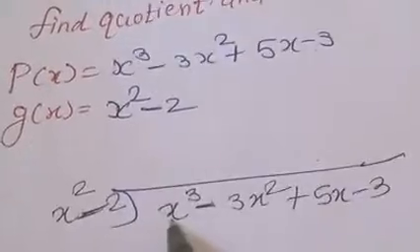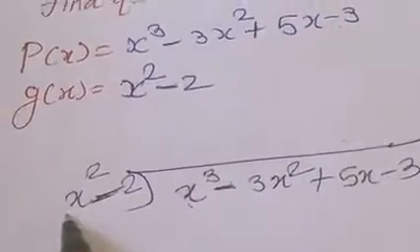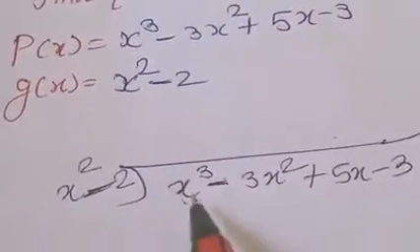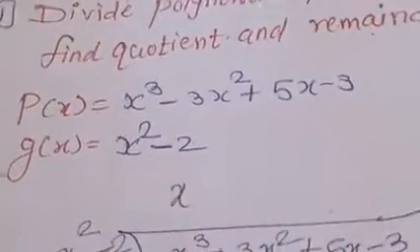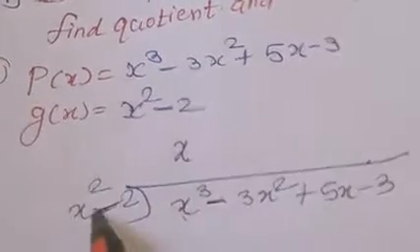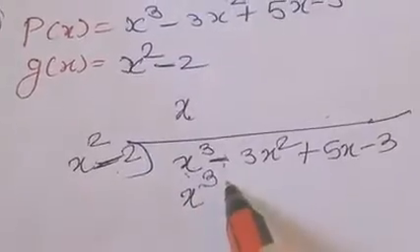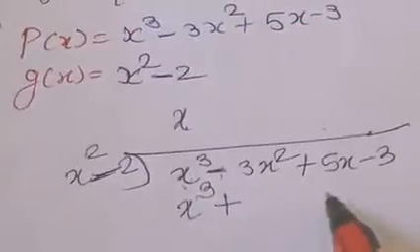Okay. See now. This x cube means 3 x's are there. x square means 2 x's. We have x 2 times and we require x 3 times. Then one more x we have to add. What we have to do? One x we have to add. Then x into x square will be x cube, minus, this minus and this 2, minus gives you plus. 2 multiplied by x is 2x.